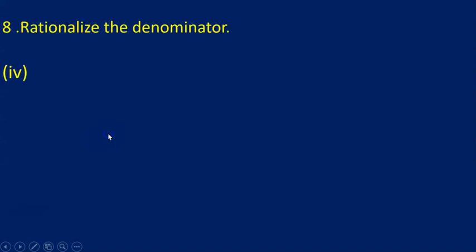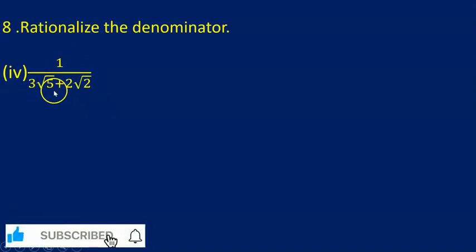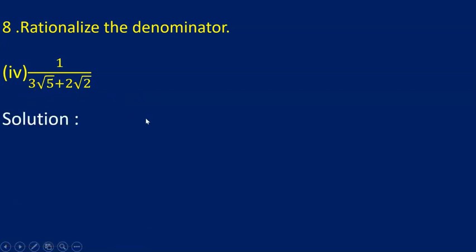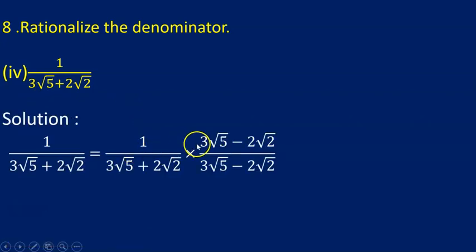Next, now next, 1 upon 3 root 5 plus 2 root 2, the rationalizing factor is here. The conjugate of 3 root 5 plus 2 root 2 is 3 root 5 minus 2 root 2. Therefore, multiplied n and d by 3 root 5 minus 2 root 2.